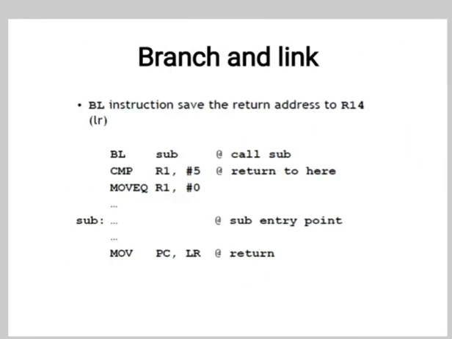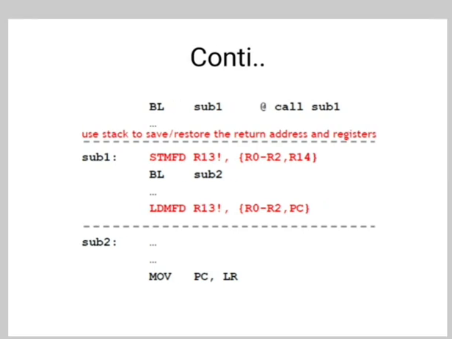So MOV PC, LR at return. So the value of LR will be saved into the PC. Next is BL sub 1. So BL subtraction 1.